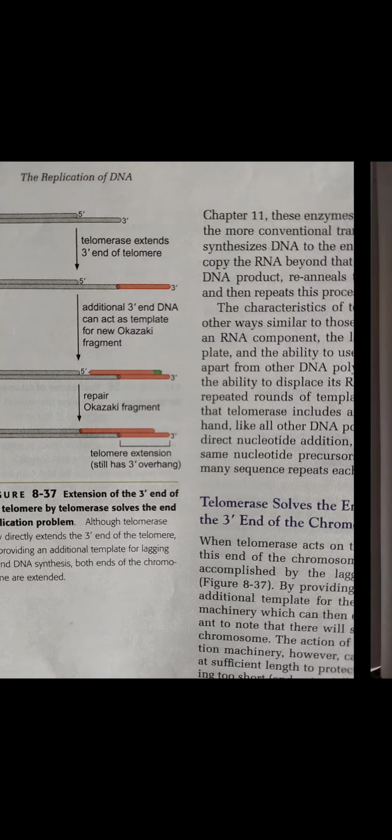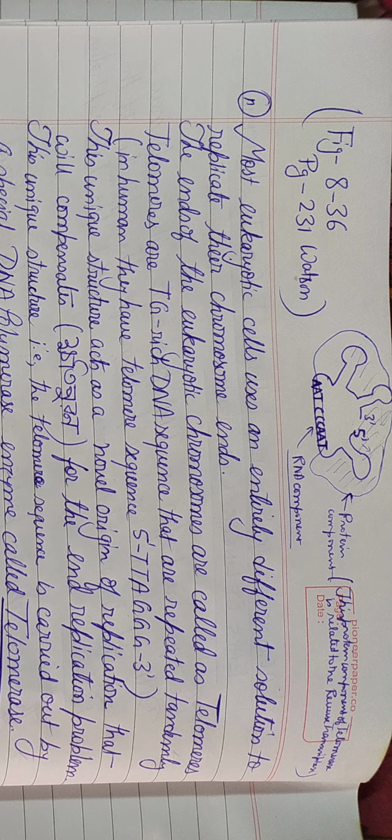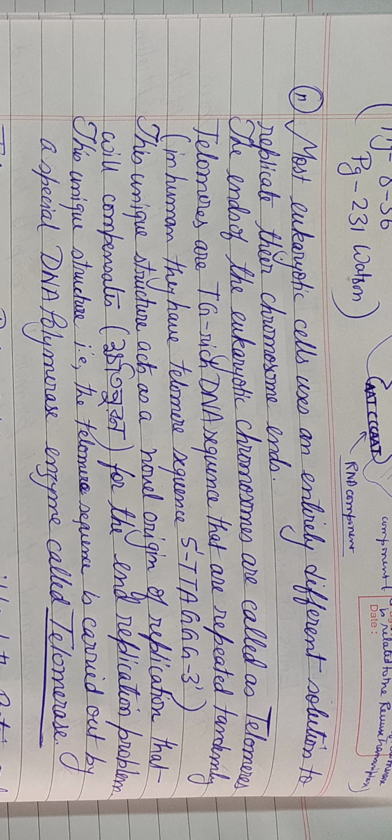Okay, what is the other way? The other way that is done involves telomerase. You have heard about the chromosome structure, that the ends of the chromosomes have telomeres. Sorry, not telomerase, telomere, T-E-L-O-M-E-R-E.